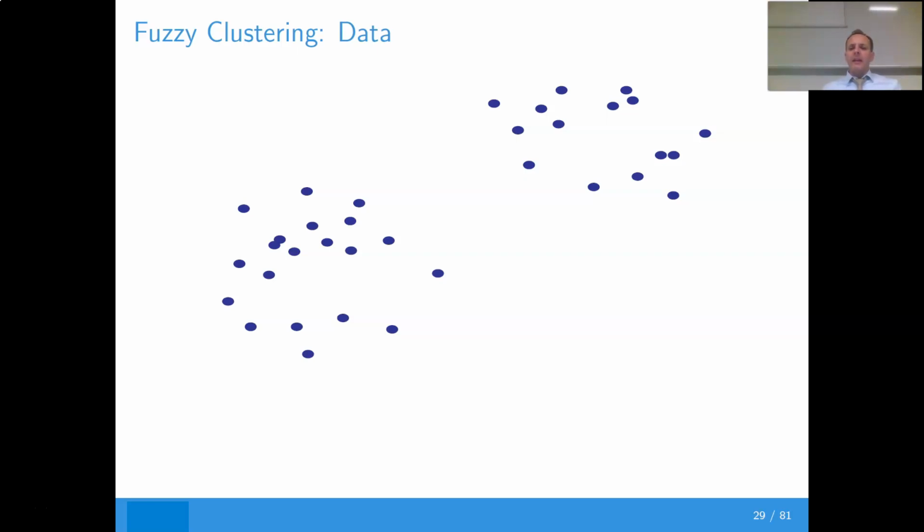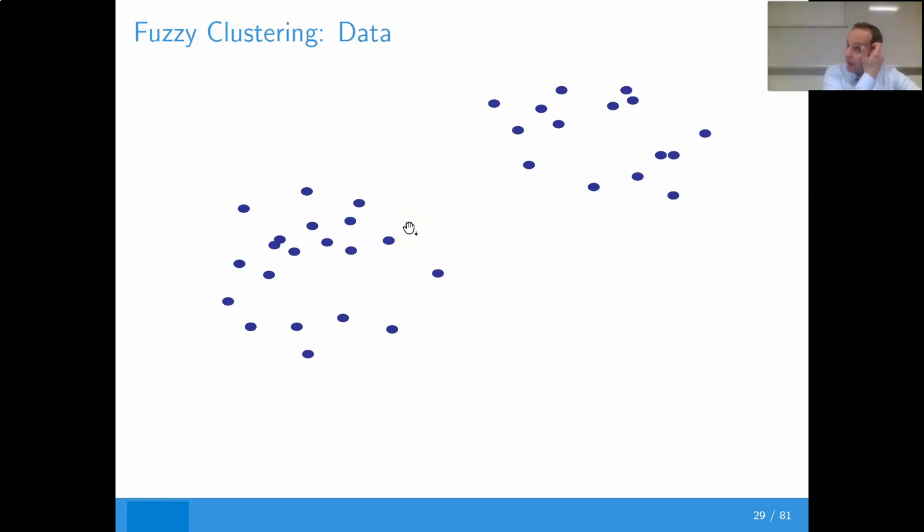A cluster is, in general, a set of points that have similar characteristics. You have a set of data here that have similar characteristics, and each point of this cluster has similar characteristics to each point belonging to the same cluster, but is quite dissimilar to points of the other cluster.